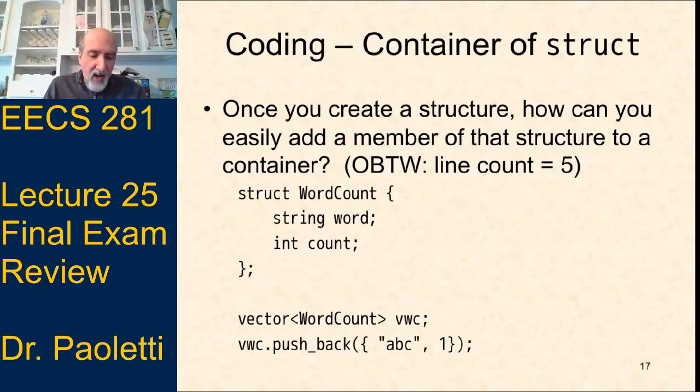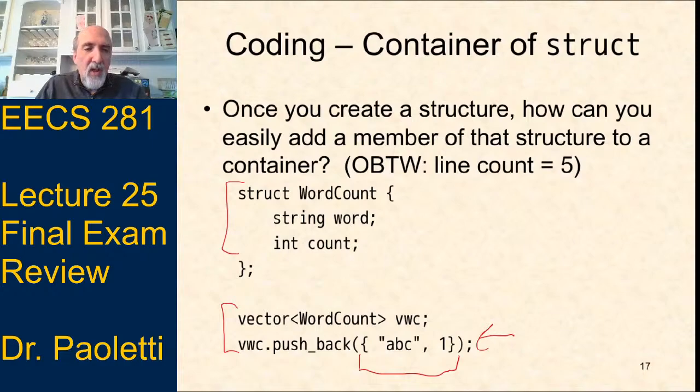You can just say push back, and in parentheses, use curly braces to say, hey, here's the contents of a structure that I want to add to the vector. So this thing has a line count of 3. If you had to declare that, then 2 lines for that. But it gets the adding of something to that vector done in 1 line of code.